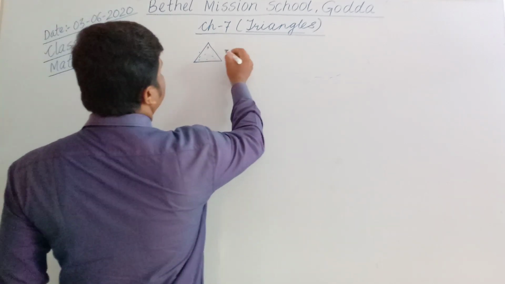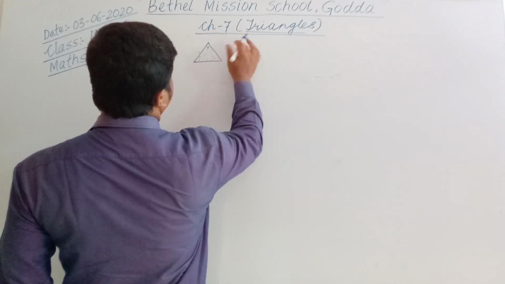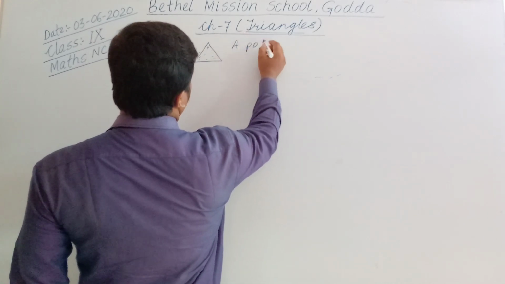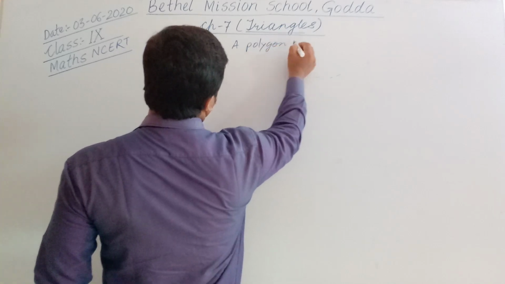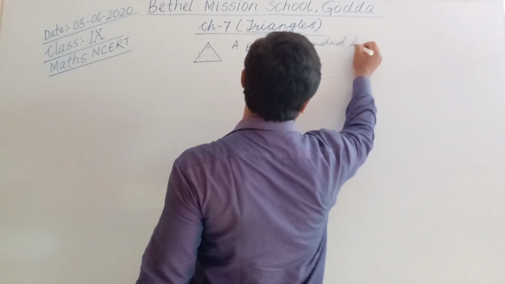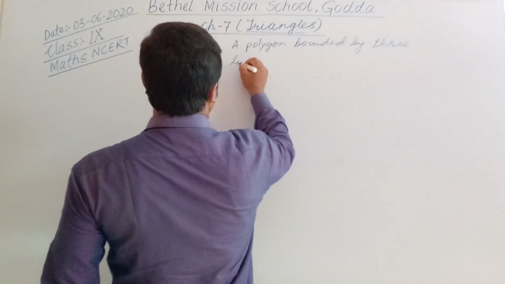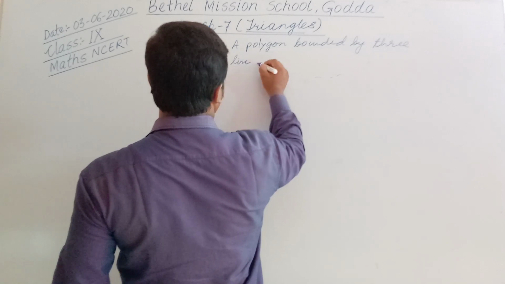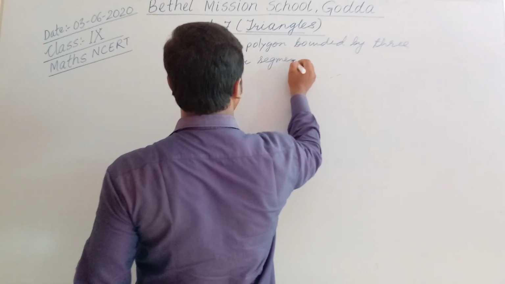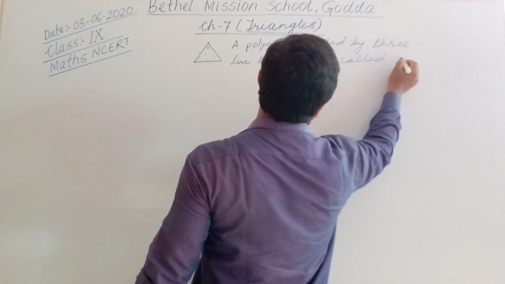Means to say, what will be the definition? A polygon bounded by 3 line segments is called a triangle.